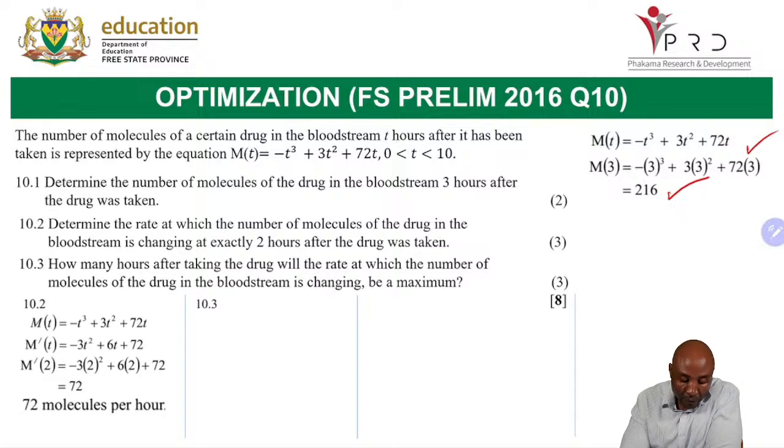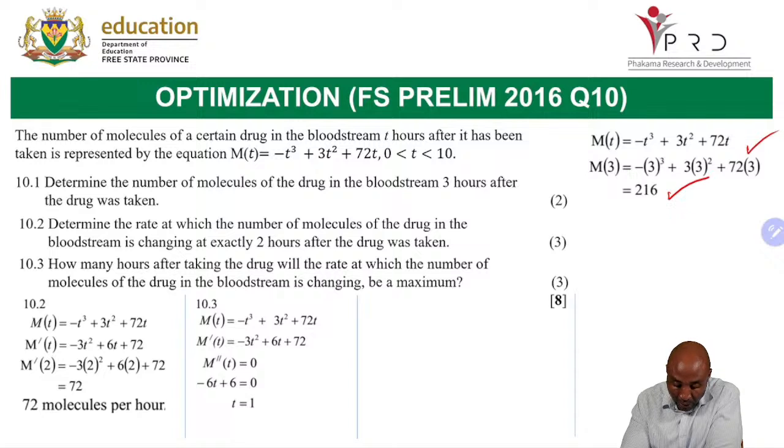10.3, we are supposed to find how many hours after taking the drug the rate at which the number of molecules of the drug in the bloodstream is changing will be at a maximum. So for a maximum rate, we find the first derivative and then the second derivative, our point of inflection.